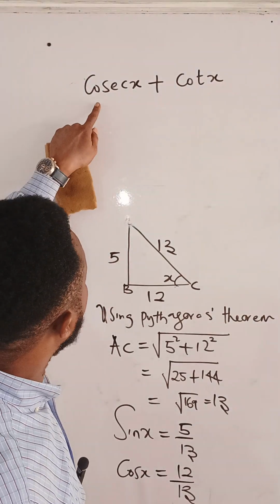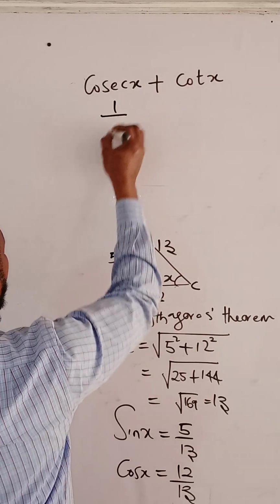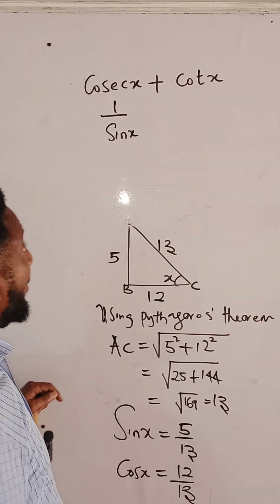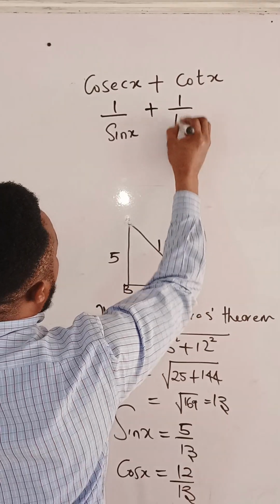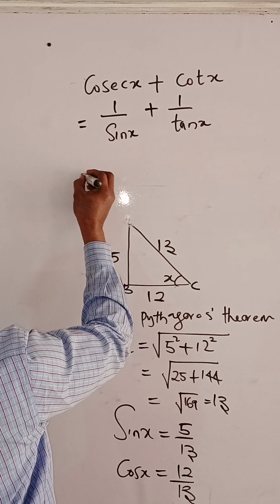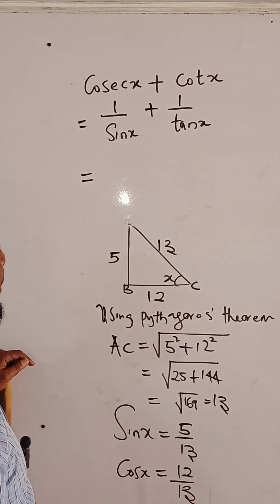From inverse trigonometric ratios, we know that cosec x is 1 all over sin x. And we also know very well that the cotangent of x is 1 all over the tangent of x. This being said, we are gliding towards the final answer.